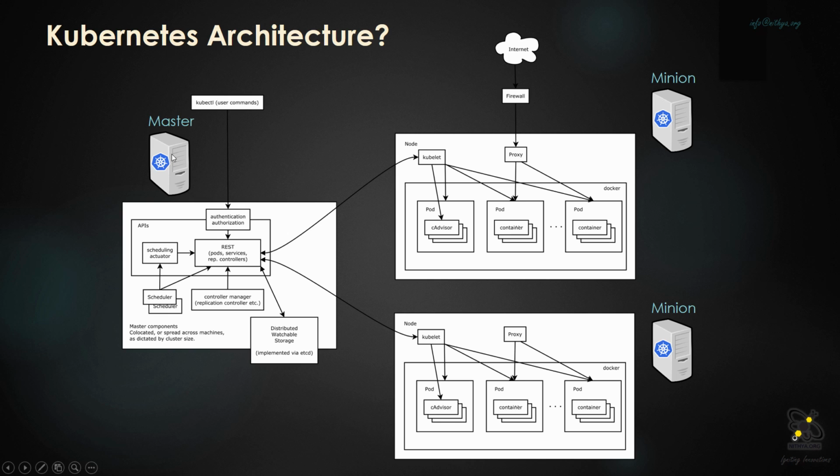In this picture I put only one master, but don't worry, high availability of masters is also provided from Kubernetes 1.3. So you can have high availability for masters too. Now you understand the master contains a combination of components. The most important component is kubectl. kubectl is a CLI which allows us to interact with any of the minions via the master nodes.